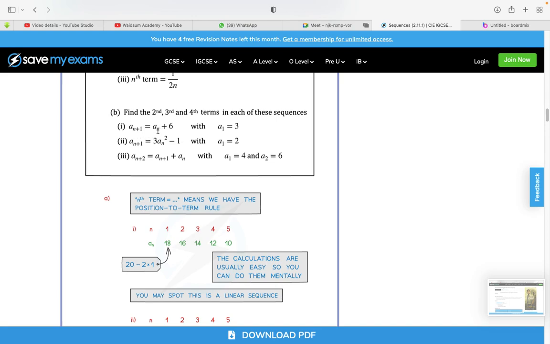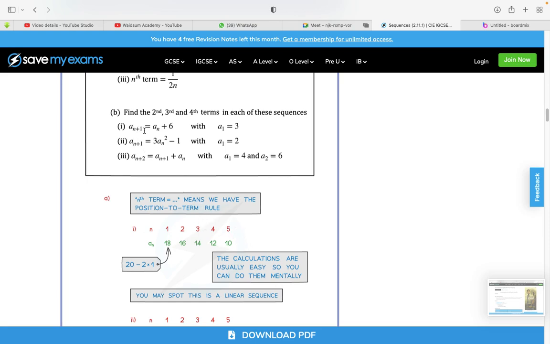To get the next one, if A1 is 3, the first term will be 3. A2 will be A n plus 1, which is 3 plus 6, which is 9. Right? 3 plus 6.